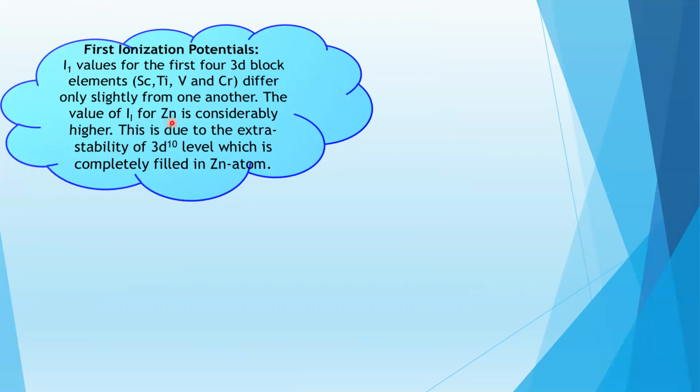Why? Because zinc's atomic number is 30 and it has a completely filled d orbital, which is extra stable. As it is extra stable, more energy is required to remove an electron from the valence shell.